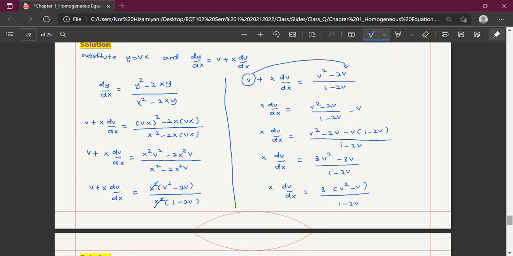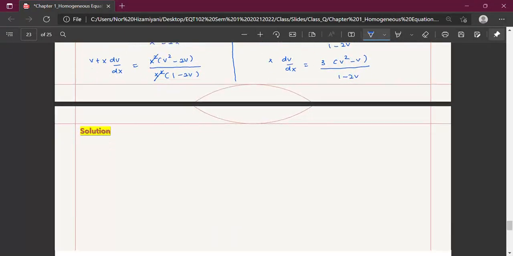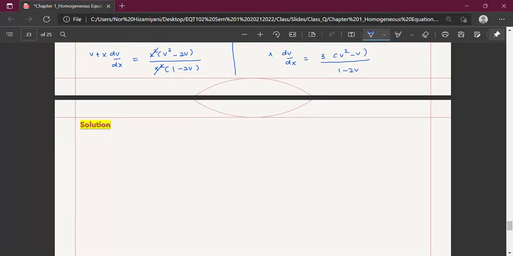So after you simplify, don't forget to separate your function. So we have (1 minus 2v) over (v² minus v) dv equal to 3 over x dx. Okay, right now, you can just integrate both sides of your function.